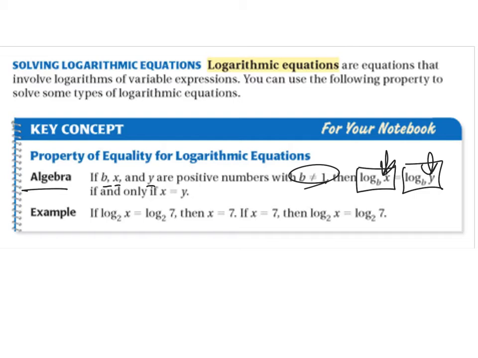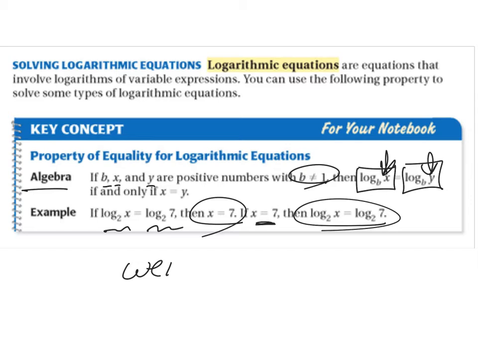Okay, so an example, I've got log base 2 of x, log base 2 of 7, so we can say x equals 7. Or, if x equals 7, I can say log base 2 of x equals log base 2 of 7. Okay, those are crazy examples, a little weird, right?